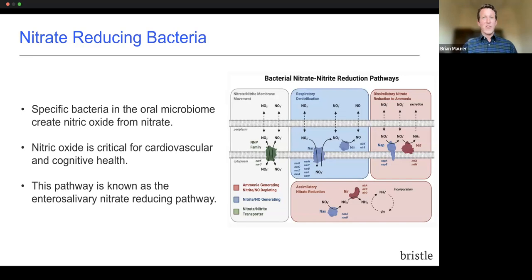Another key function of these beneficial bacteria is nitrate reducing. So specific bacteria in the oral microbiome actually convert nitrate that we get in our diet to nitric oxide. And nitric oxide is a very important molecule in the body. It helps with blood vessel dilation, which has key benefits to both our heart and brain health.